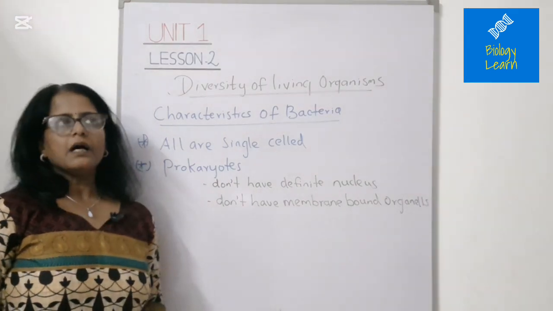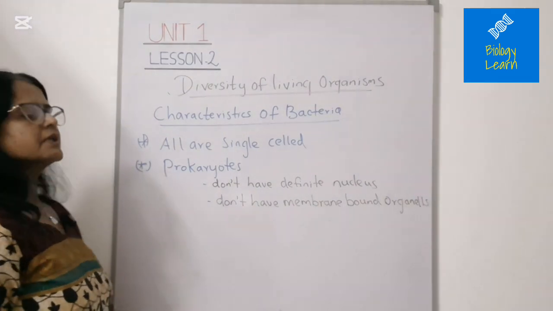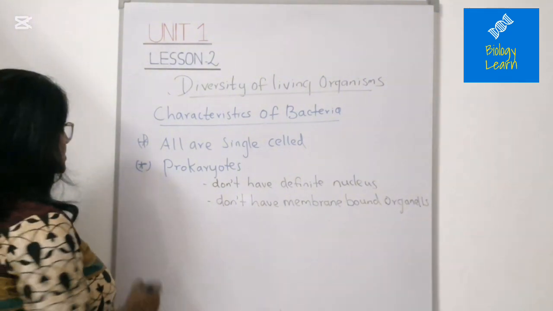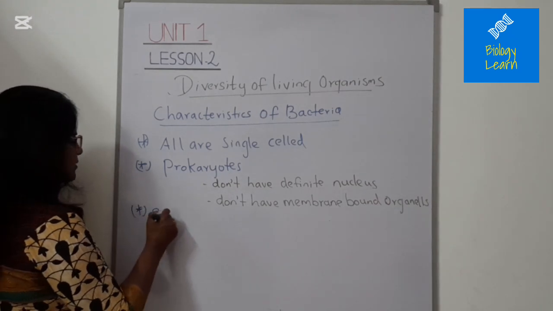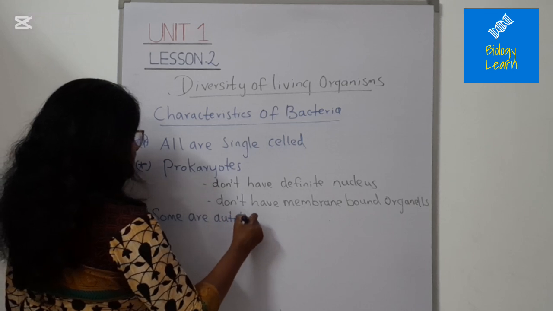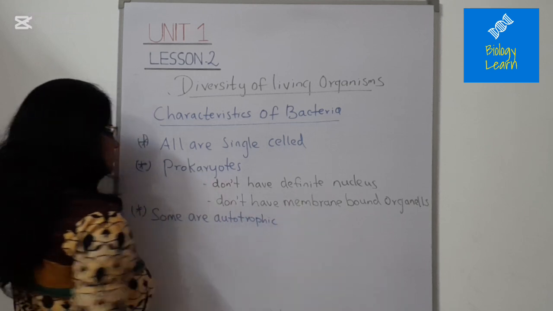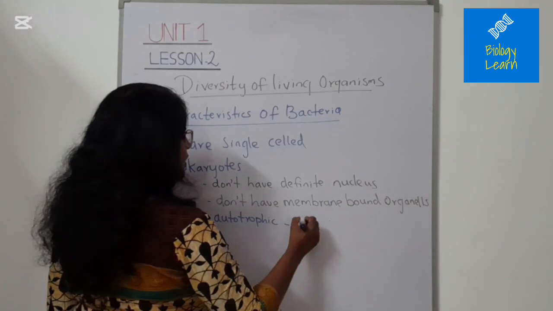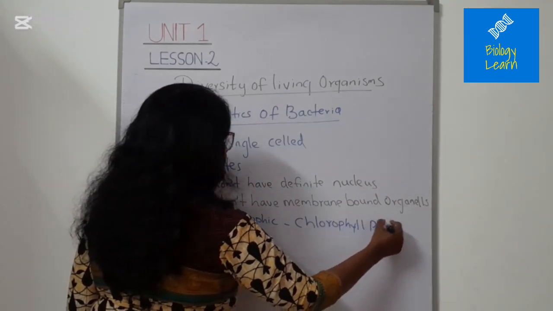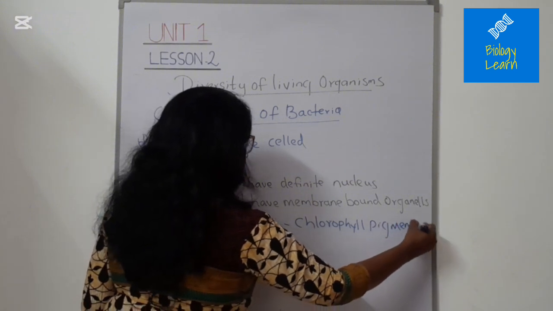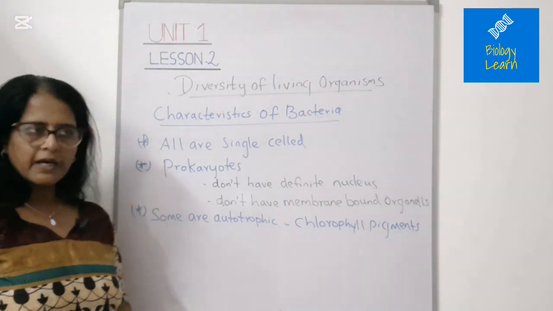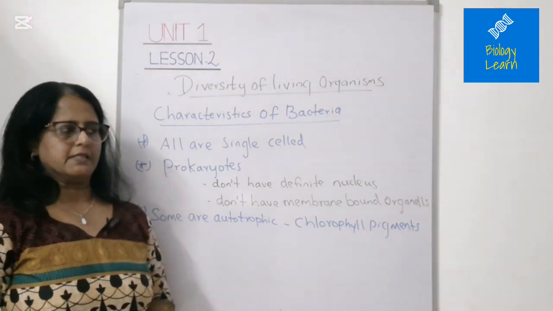Some bacteria are autotrophic organisms because they have chlorophyll pigments to absorb light energy. Don't get confused: bacteria don't have chloroplasts, but they have chlorophyll pigments.